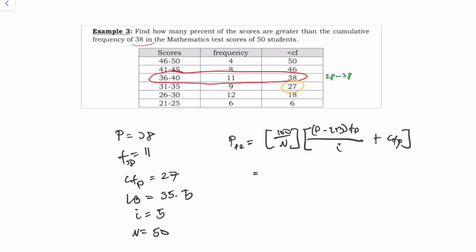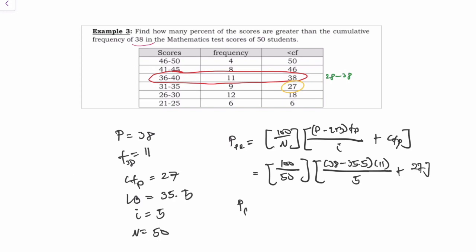Let us just plug in all the values. 100 over n, which is 50, P, which is equal to 38, minus LB, which is equal to 35.5, times F, the frequency, which is equal to 11, and all over 5, the class interval size, plus CFP, which is equal to 27. Now plug in these values into the calculator.